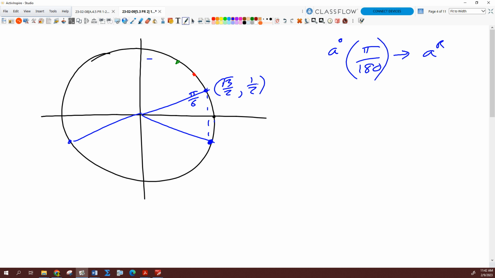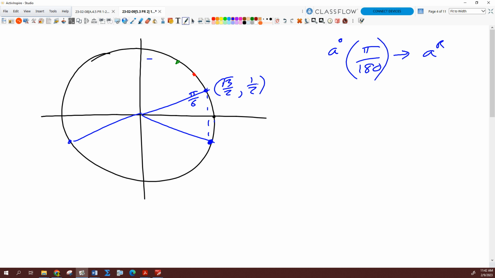So the square root of 4 divided by 2 is 2 over 2, which is 1, right? The x coordinate is 1. To the right of that is 0. Square root of 0 is 0, right? So 0 over 2 is 0. So I get the coordinates 1, 0. Here, I would get square root of 3 over 2, comma, square root of 1 over 2.